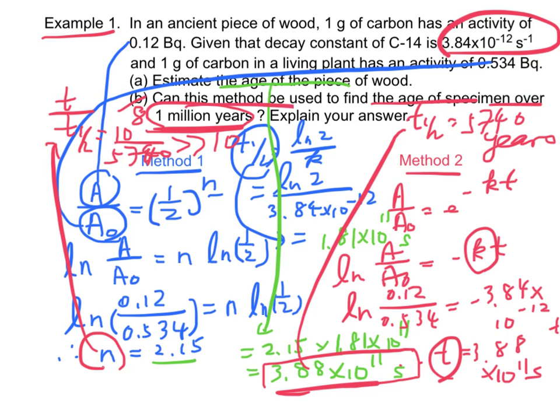Therefore, this method cannot be used to find the age of specimens over 1 million years, which is too long, and the activity will drop to almost zero after such a long time. Therefore, no measurement can be taken.